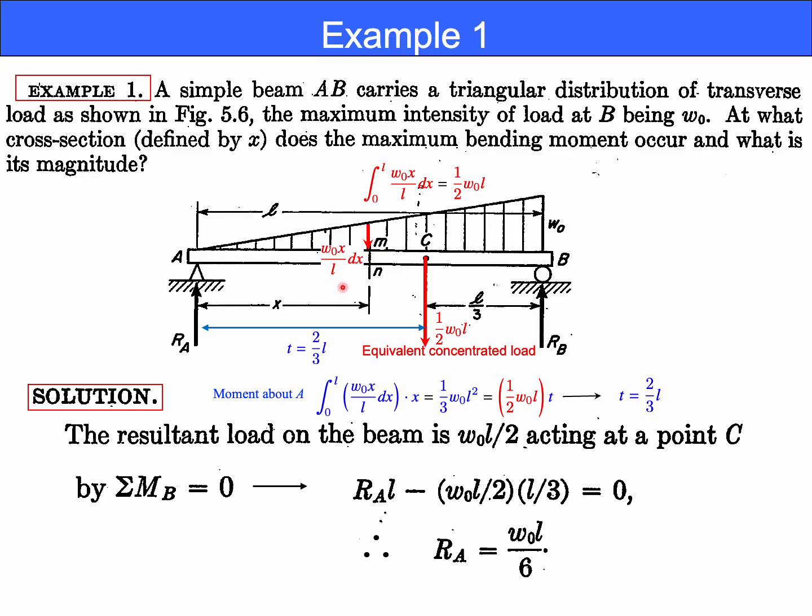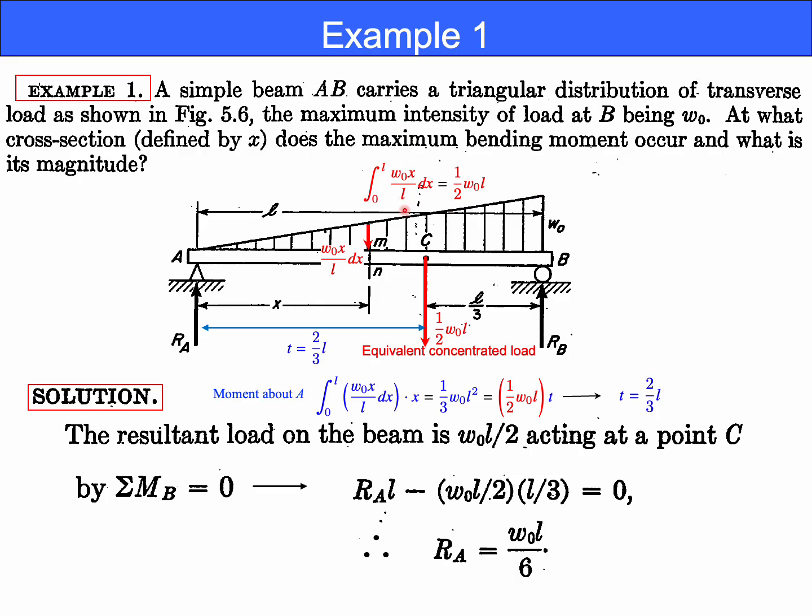Then the distributed load becomes W0 x over L. W0 x over L is the function of this triangle. If you substitute 0 into x, you obtain 0, and if you substitute L into x, you obtain W0. So this function should be linear.